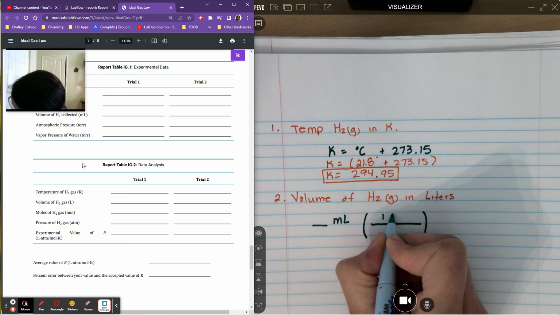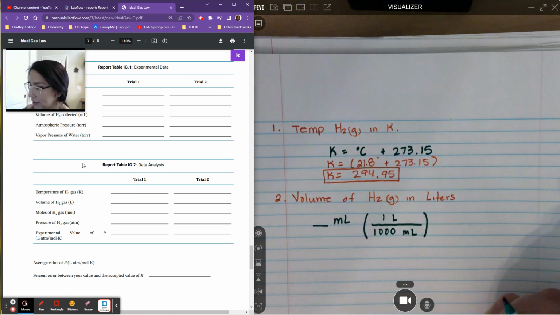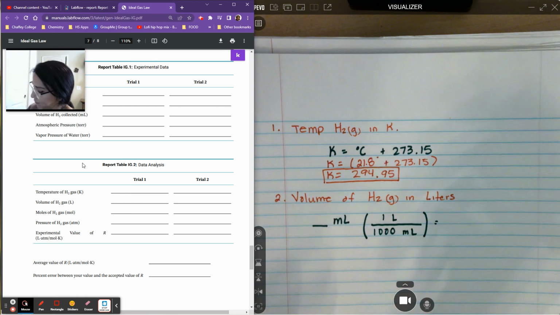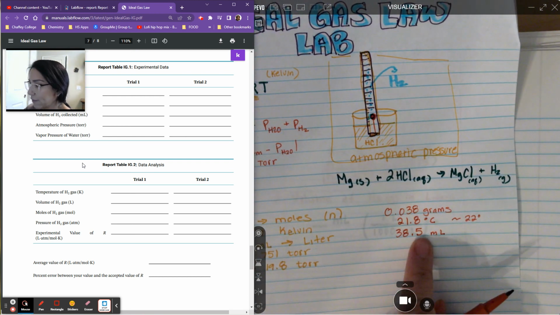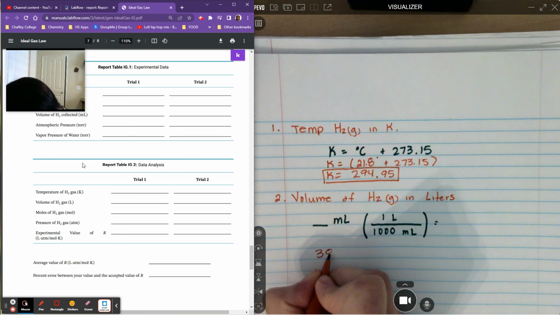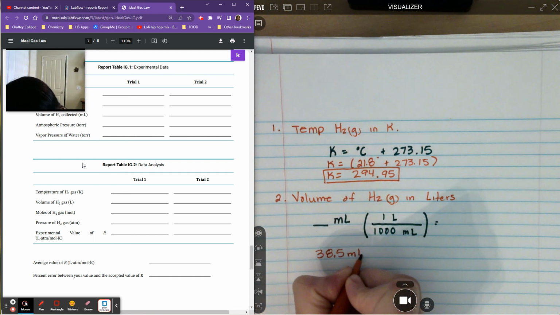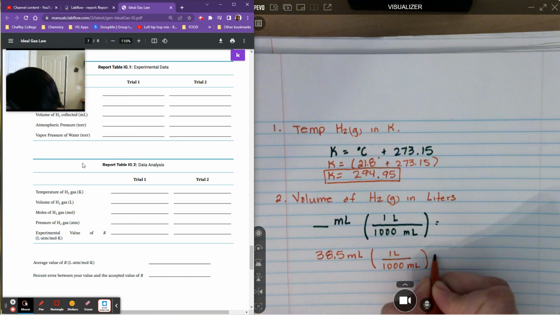In 1 liter, there is 1,000 milliliters, and that's it. If I look at my data, I had 38.5 milliliters. So I'm going to take my 38.5 milliliters and use my conversion factor to solve this.